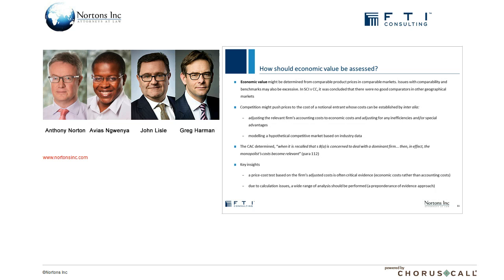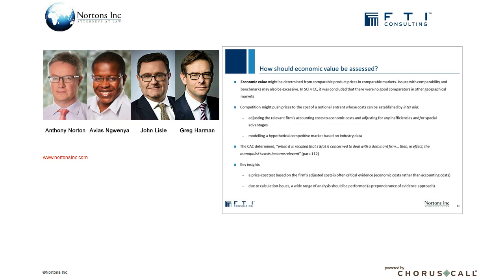So in South Africa, what we see is the precedent going towards this cost-based test. And there are two alternatives to it. The first is you look at the dominant firm's accounting costs. You convert accounting costs to economic costs, and then you adjust for any inefficiencies or special advantages. And later I'll explain why one might do that. Or one tries to model a hypothetical competitive market based on industry data.